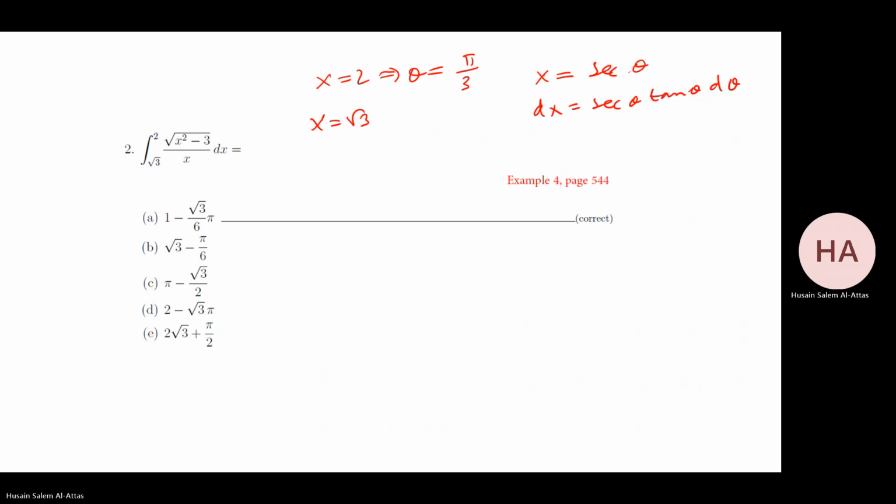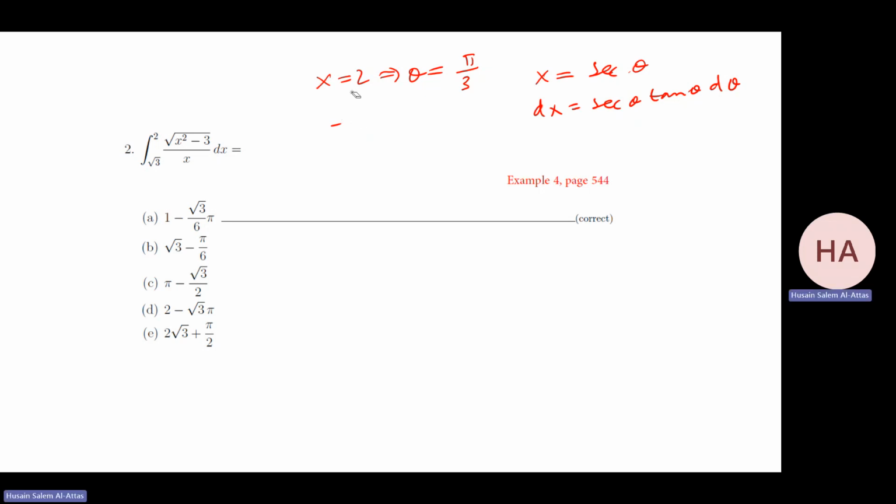Secant is square root of 3. No, it's not secant. It's secant, yes. If x equals square root of 3, then I cannot substitute. When secant equals square root of 3, you have 2 over square root of 3.